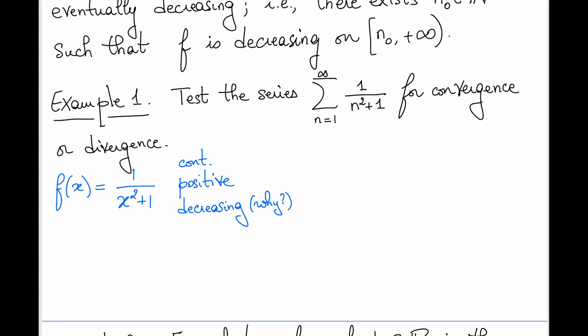Just fill in the details on your own. How do we get our hands on that function being decreasing? Well, first derivative test, right? So find f prime, and you're going to see that f prime is going to be negative, at least on 1 to infinity, right?